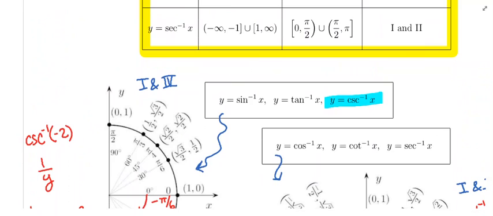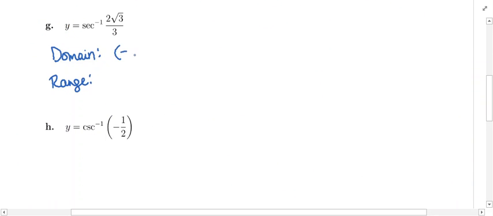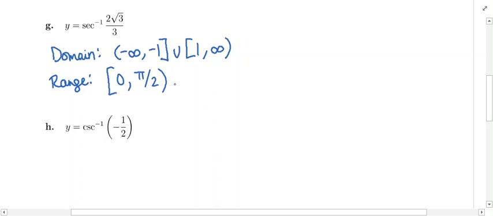This time we're returning angles between 0 and pi, inclusive, with the exception of pi over 2. I'm going to jot this down. The domain here is negative infinity to negative 1, union 1 to infinity. The range is from 0 to pi, excluding pi over 2.